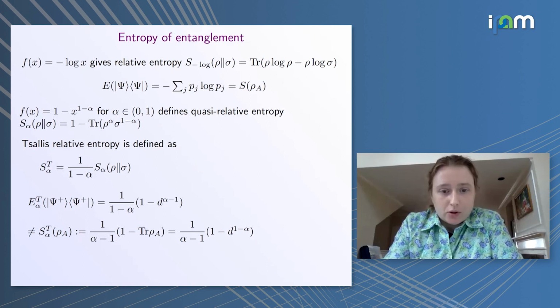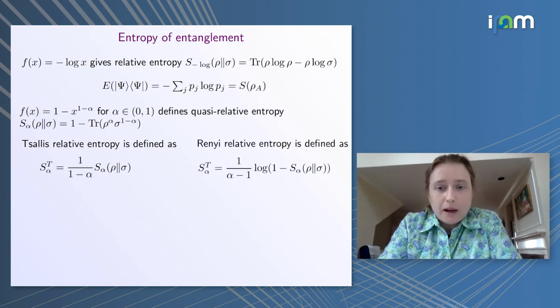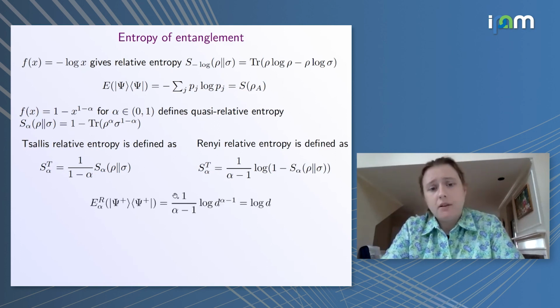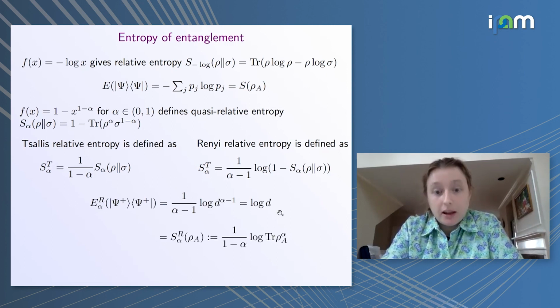So that would not be true in the Tsallis relative entropy case. For the Renyi relative entropy case, you take the log after you calculate the quasi-relative entropy. And the entropy of entanglement is just log D for the maximal entanglement state. And it does actually equal the reduced entropy of the state.